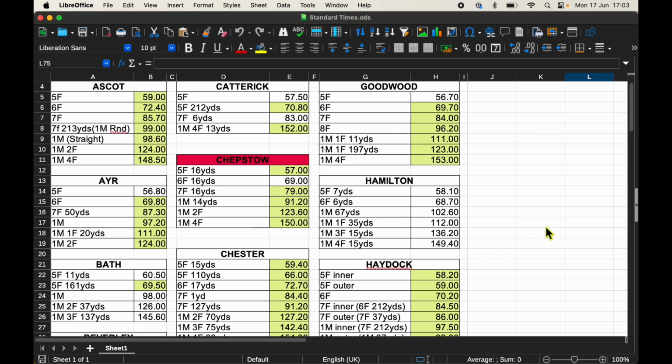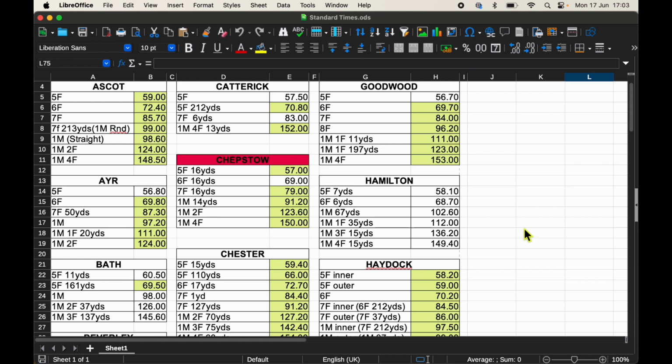So, I managed to find this old document of mine. I'm not going to put it online or give any links. Screenshot it. These are some old standard times. They're not bang on, but they will do the business if you want to work out the times in lengths to get a fraction of a second, how long a horse travels in seconds per 10 feet.